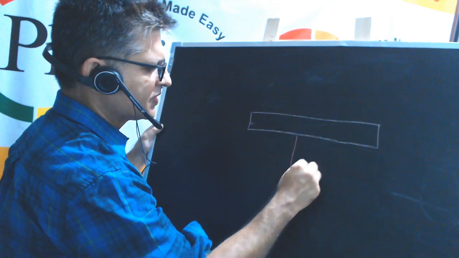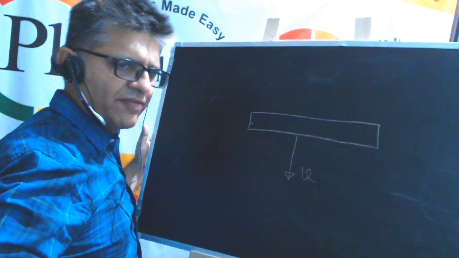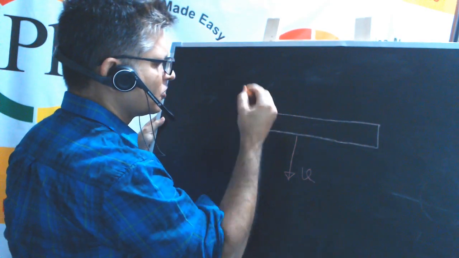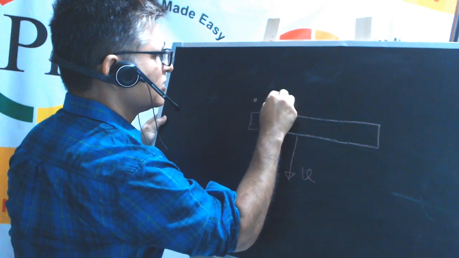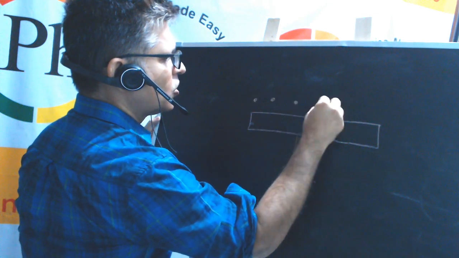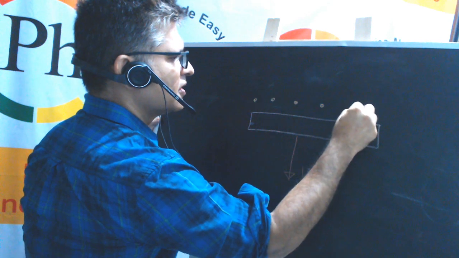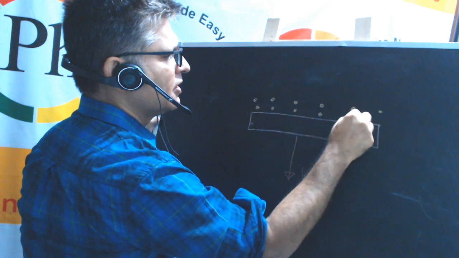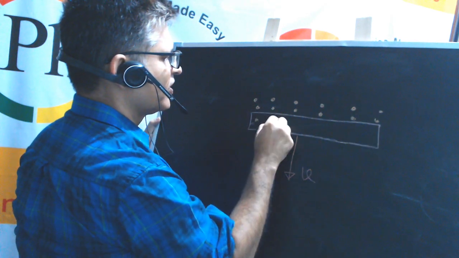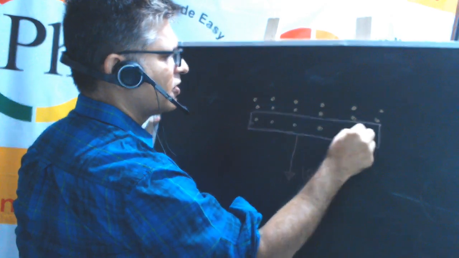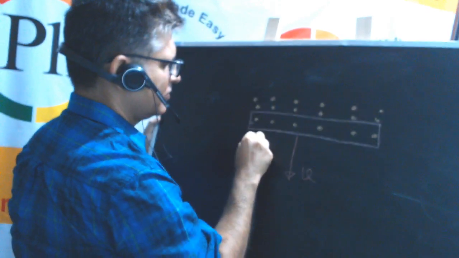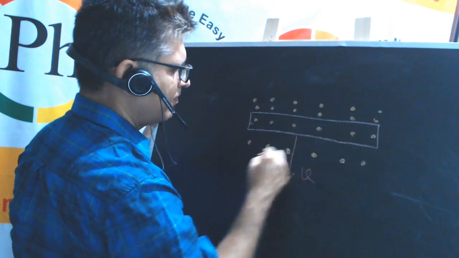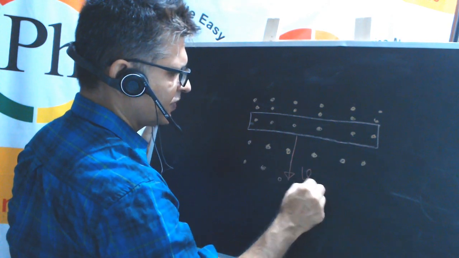downwards with velocity v, and what you have is a magnetic field which is outward. I'm going to show the magnetic field with the help of dots. These dots represent the magnetic field. These are your outward lines of force, and that's your magnetic field.